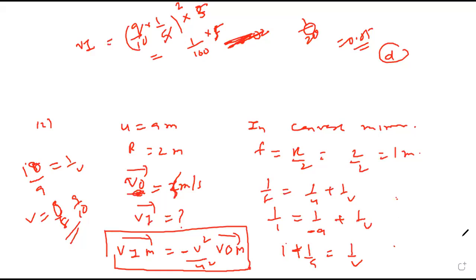Thirteenth. A concave mirror forms an enlarged erect virtual image only when the object is placed between pole and focus.